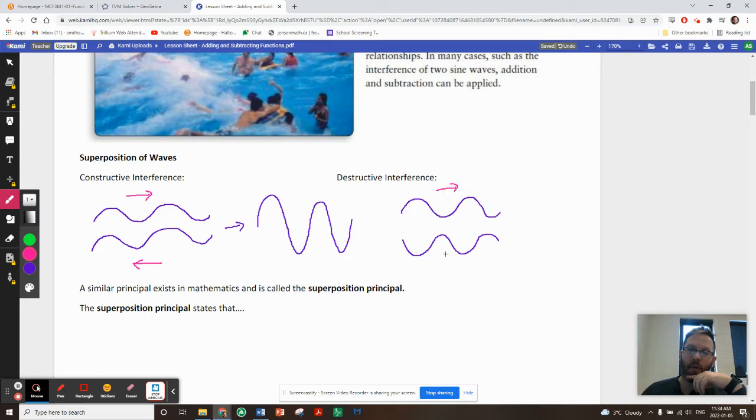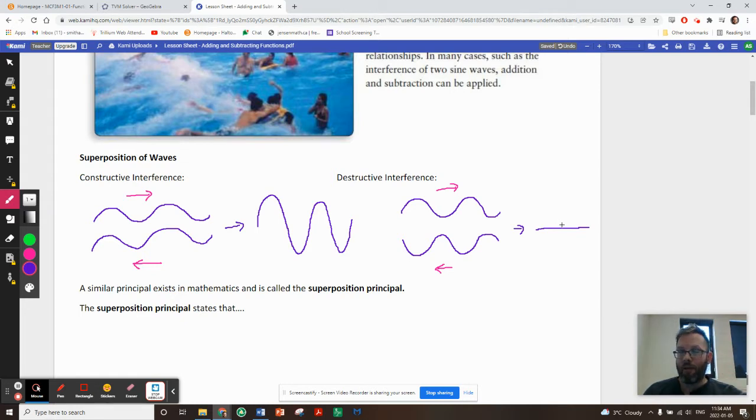And say this one was going this way, this one was going this way. What would happen is we would get destructive interference. So the positives of the first wave add with the negatives of the second wave, and you would actually get no wave at all. You get perfectly flat water, for that instant of time. So this is the idea behind how waves can combine.